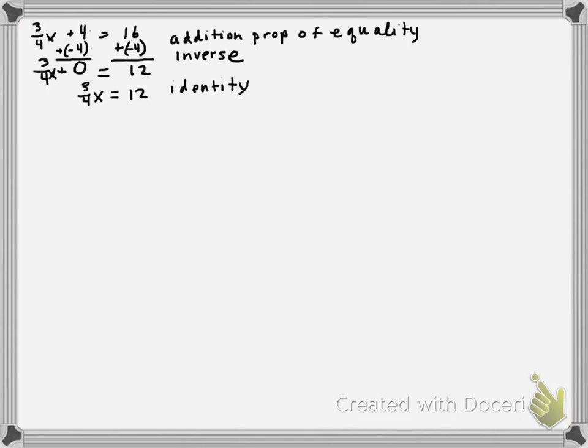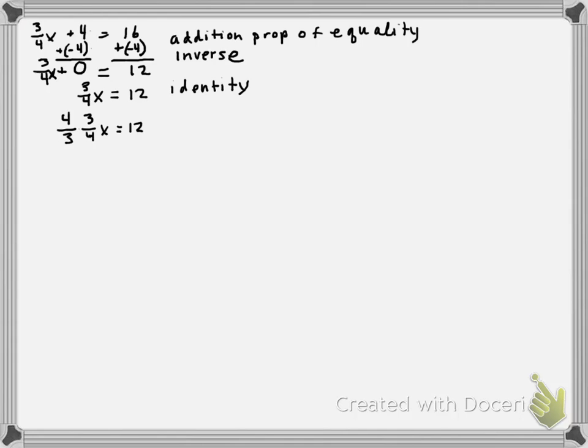Okay, let's write this again so we have some more room and so it's not so messy. Okay, 3/4 x. Now we want to multiply that on both sides by a number that's going to cancel out the 3/4. The number that's going to do that is 4/3.